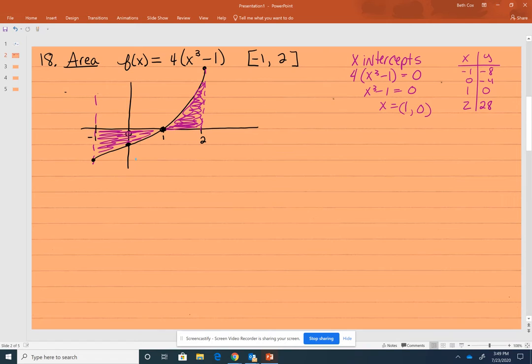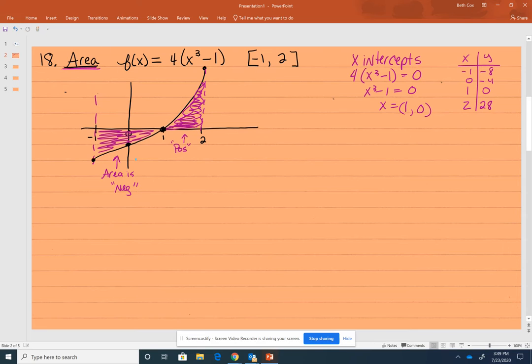This bottom section, the area is actually going to be negative, so I'm going to take the absolute value of it, or just do the opposite of it. And this area is going to be positive. And so to find my total area, I'm going to add them together.